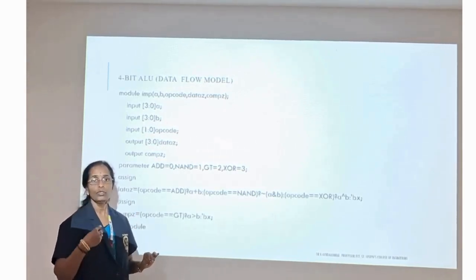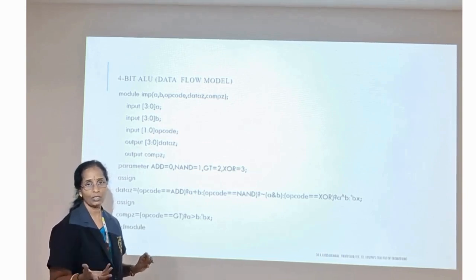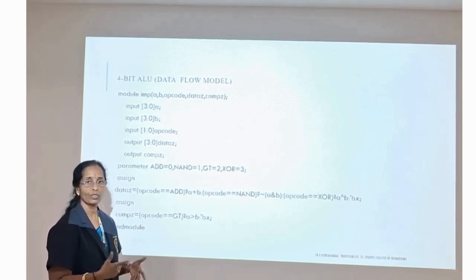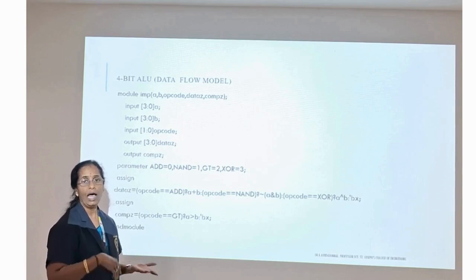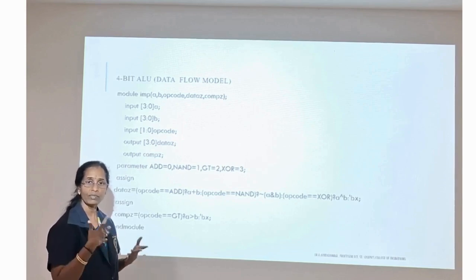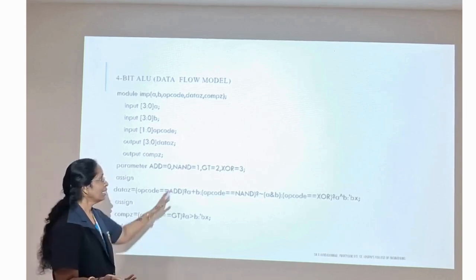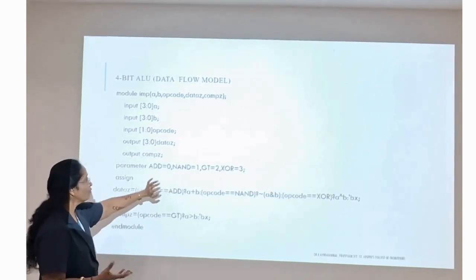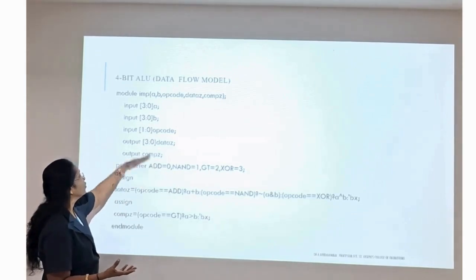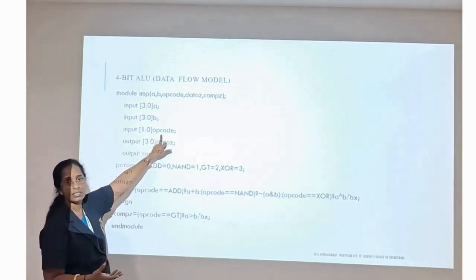In case you want to generate an 8-bit ALU with many combinations, I want to include the OR operation as well and the NOR operation. Whatever combinations you want to perform can be incorporated. So where will we go and change? We will change on the opcode side.